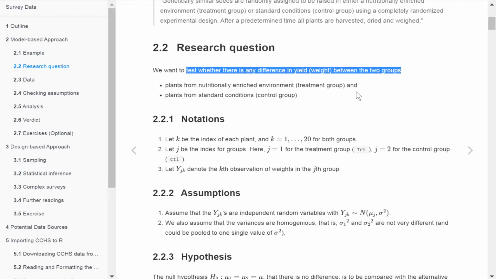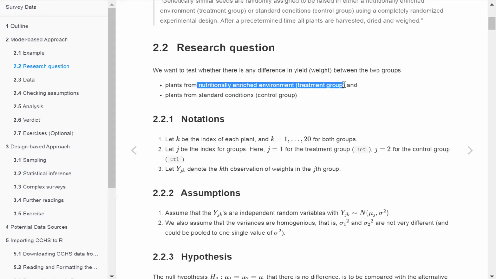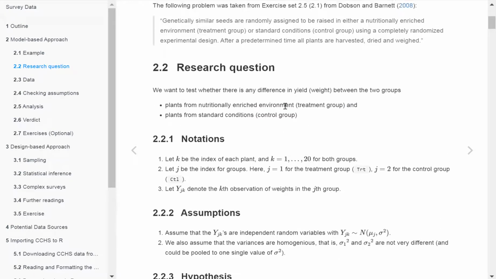So we simply weigh the plants from the treatment group and the control group, and we take some sort of average, and then try to figure out whether giving these fertilizers to the treatment group is increasing or decreasing their weights or yield compared to the control group condition or the standard condition that the control group is working under. So in this particular example, we are dealing with a scenario where we have 20 plants in all of these groups.